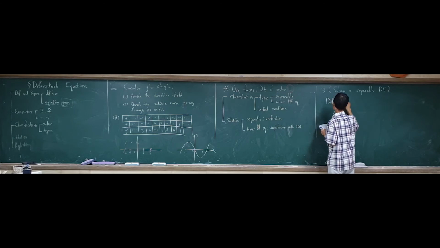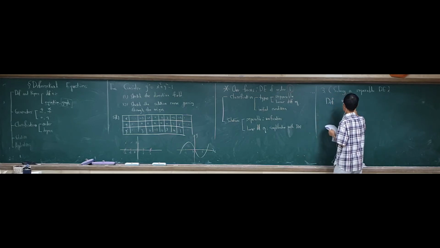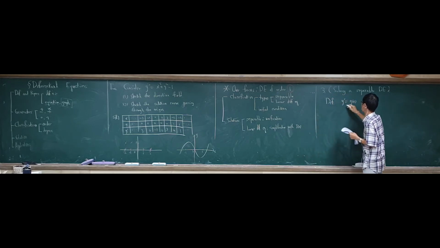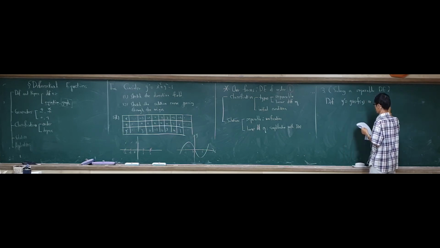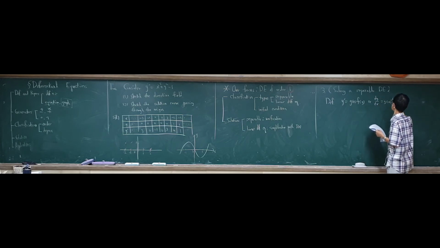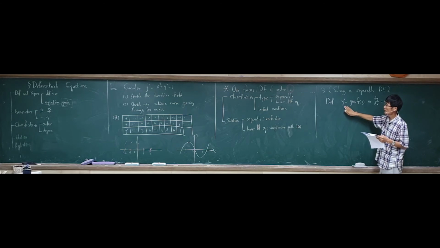A differential equation of order 1, which can be expressed in this form, is called a separable differential equation. This means that y prime can be given as a multiplication of a function of x and a function of y.